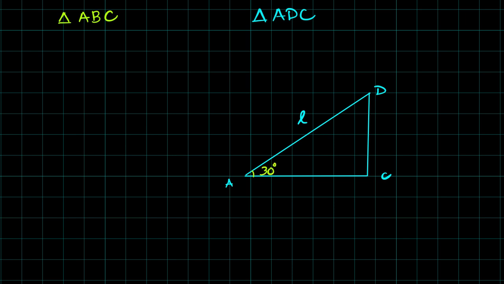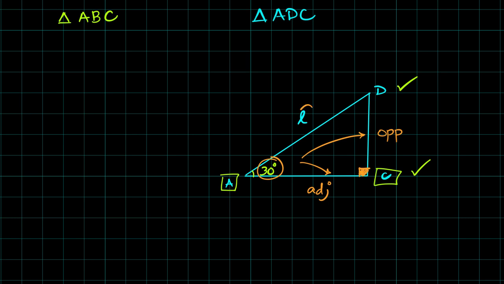Now, I'm interested in finding AC. I'm interested in finding DC. From the perspective of 30 degrees, this is the opposite side. From the perspective of 30 degrees, this is the adjacent side. And this angle is 90 degrees, so L is the hypotenuse.